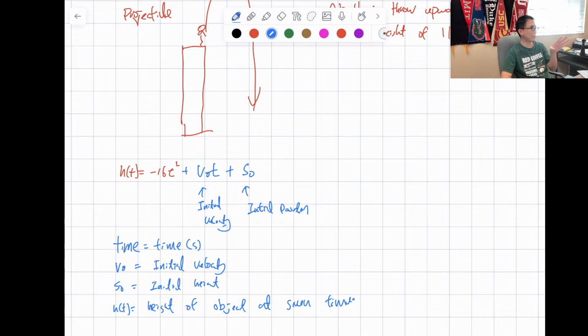So there are 3 parts. It's the height of an object at a given time. If you plug in 5, you will know how high it is.